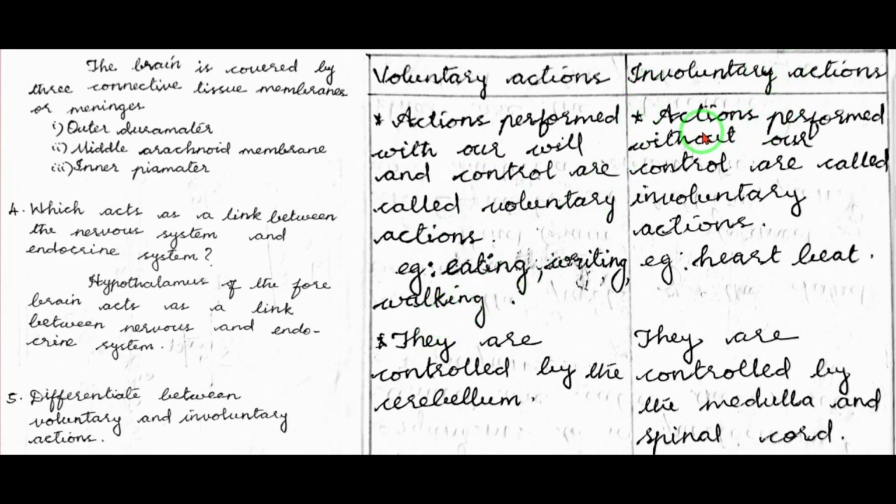Involuntary actions: actions performed without our control are called involuntary actions. Example, heartbeat. Voluntary actions are controlled by the cerebellum. Involuntary actions are controlled by the medulla and spinal cord.